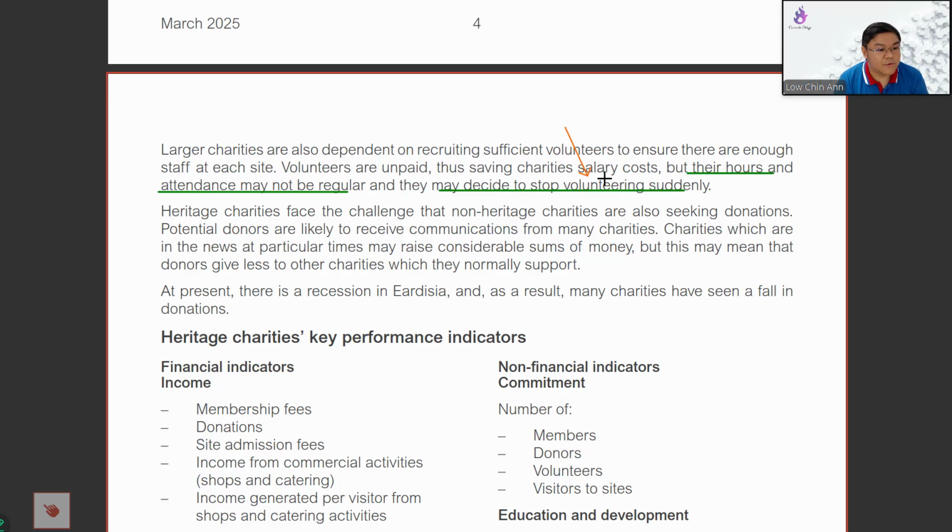Okay, now heritage charities face the challenge that non-heritage charities are also seeking donations. So potential donors are likely to receive communications from many charities. Charities which are in the news at particular times may raise considerable sums of money, but this may mean that donors give less to other charities which they normally support. So publicity is very critical.